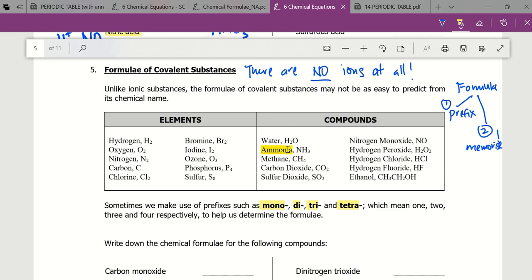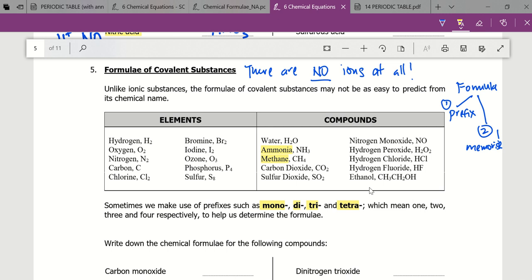There's nowhere in the word ammonia that tells you that there is a nitrogen and there are three hydrogen. So there is no way around it. You have to memorize.